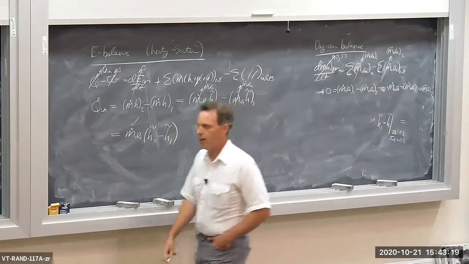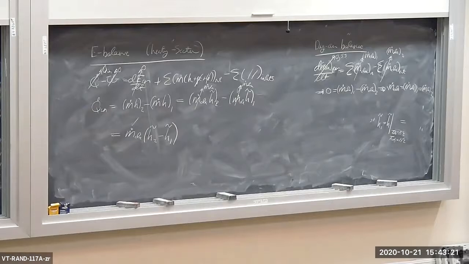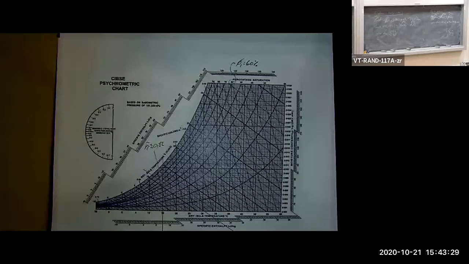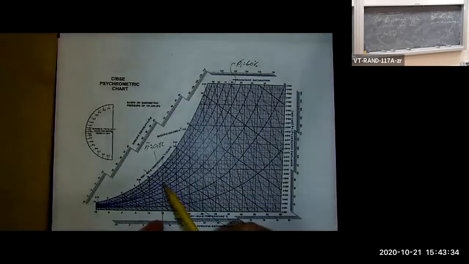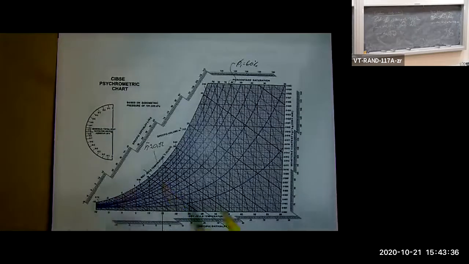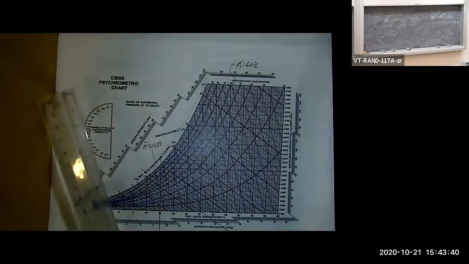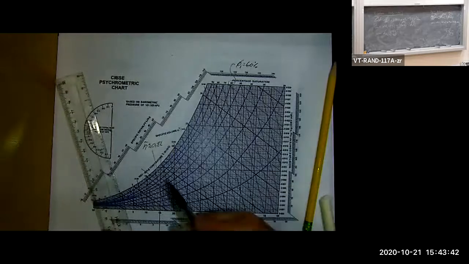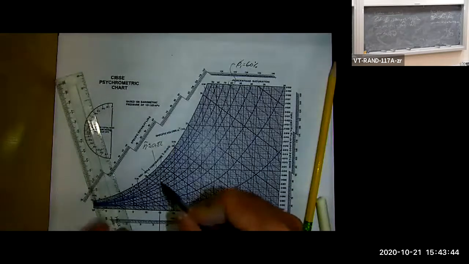So I go to the psychrometric chart. Let's see if we can eyeball that one. 15 and 11. So here is my state. There's my state. Again, hard to see.